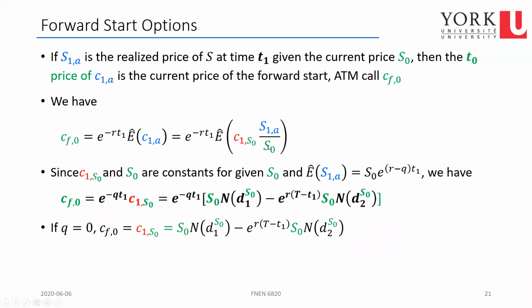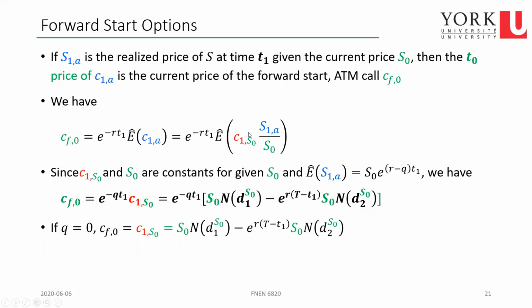Obviously, the S naught will cancel, and we will have this C1 S naught, which is the price of scenario B, times e to the power of (r minus q) times T1.